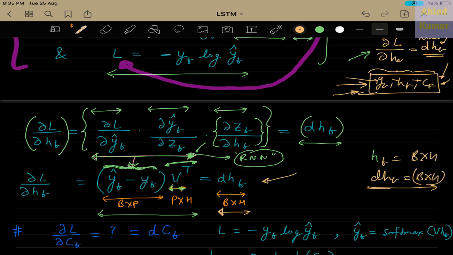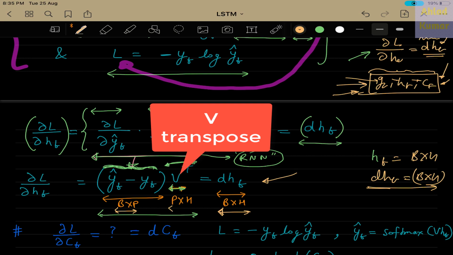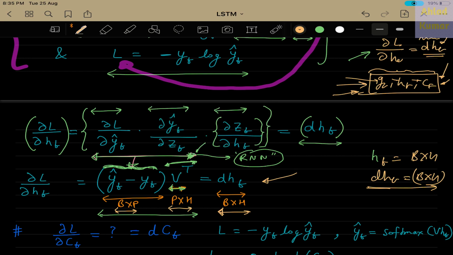The dimension of y hat t is B cross P, and the dimension of V is P cross H. Multiplying these two gives B cross H as the output, which verifies the calculation we have done for the derivative.